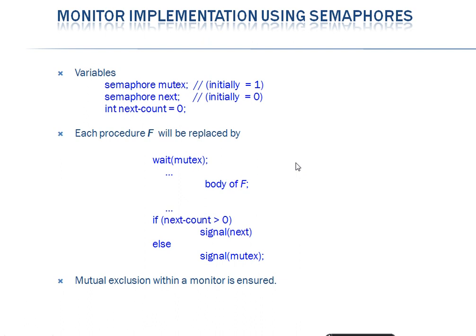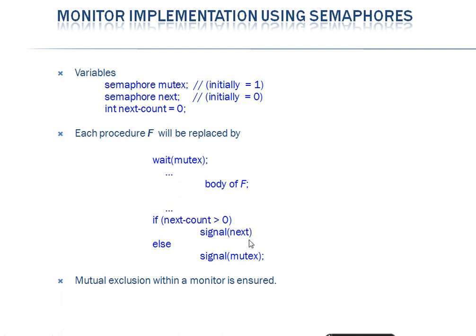Now each procedure F will be replaced by the following statements. First you perform a wait over mutex, since you need to gain access. Then comes the body of F. If next_count is greater than 0, then it will signal next.